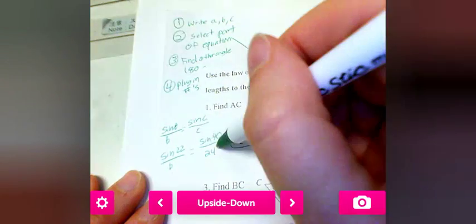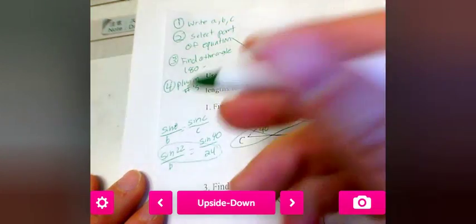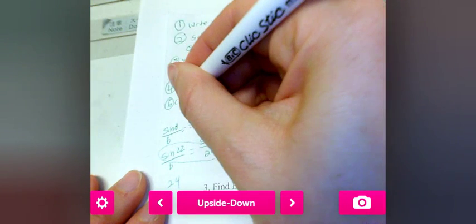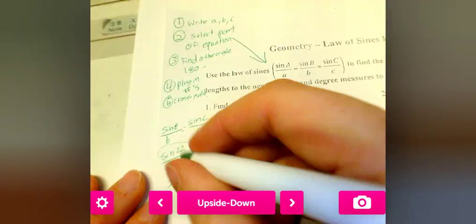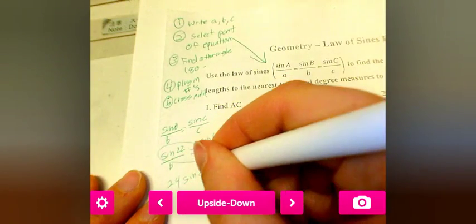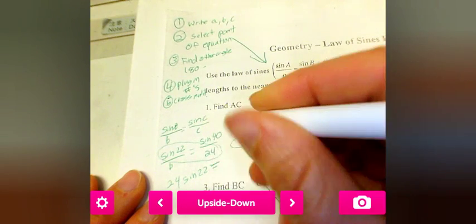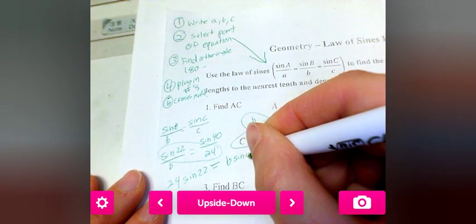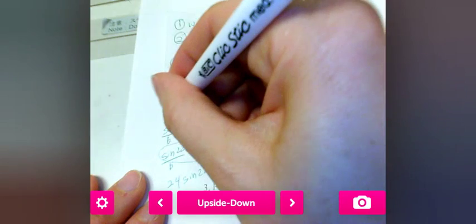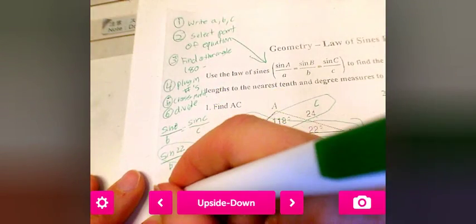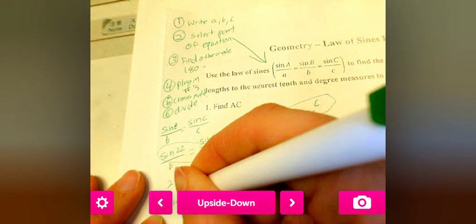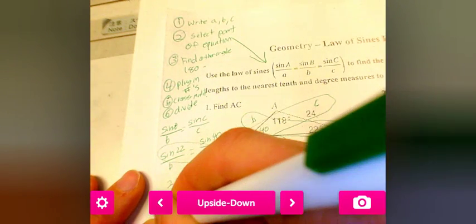And then I'm going to cross multiply. Step 5 is cross multiply. So 24 sine 22 equals b sine 40. And my sixth step is to divide. So 24 sine 22, divided by sine 40.